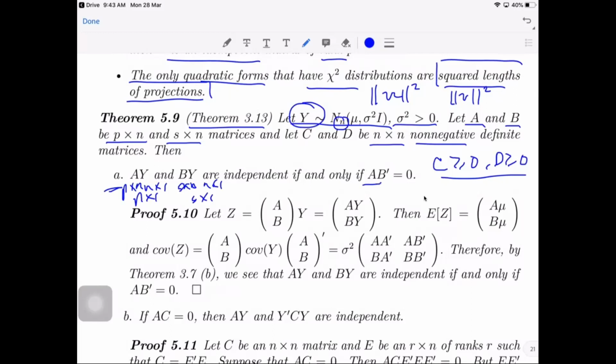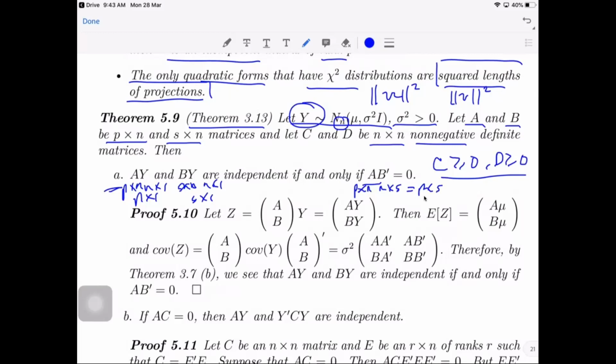Is this conformable? This is P by N and this is N by S, so this is conformable. A B prime is a P by S matrix.